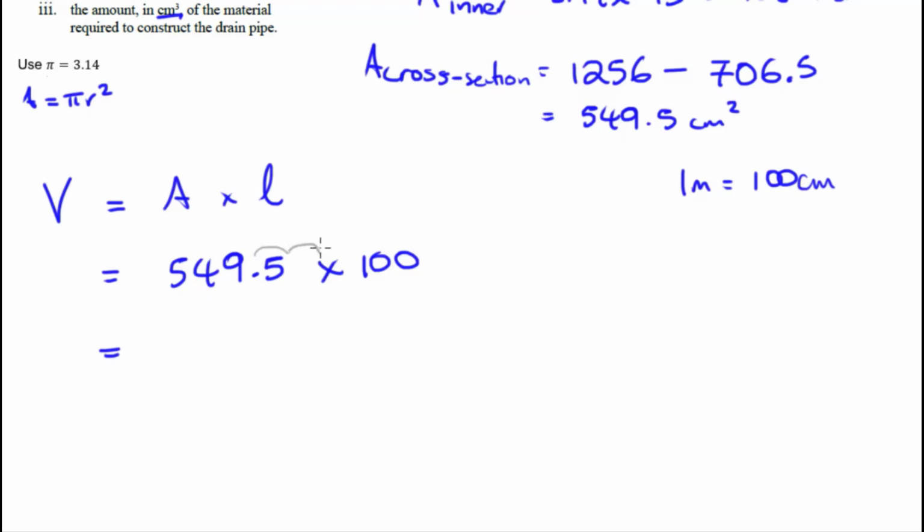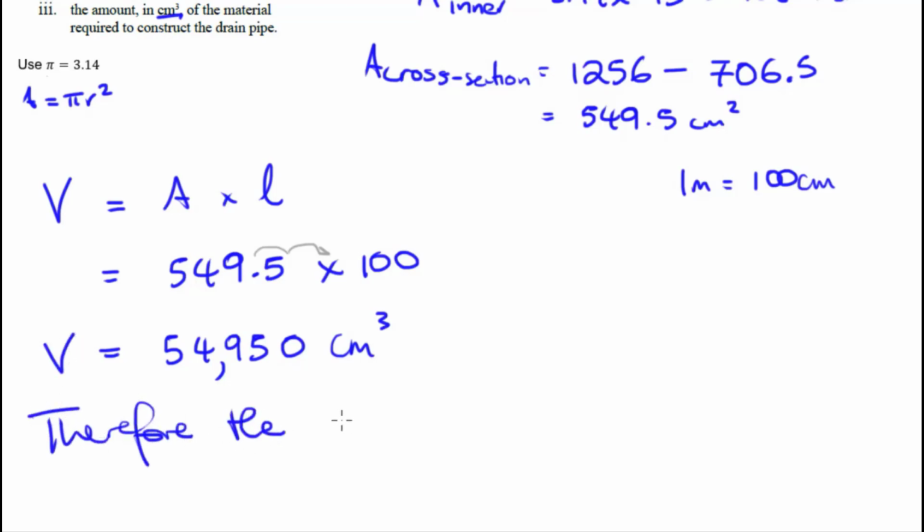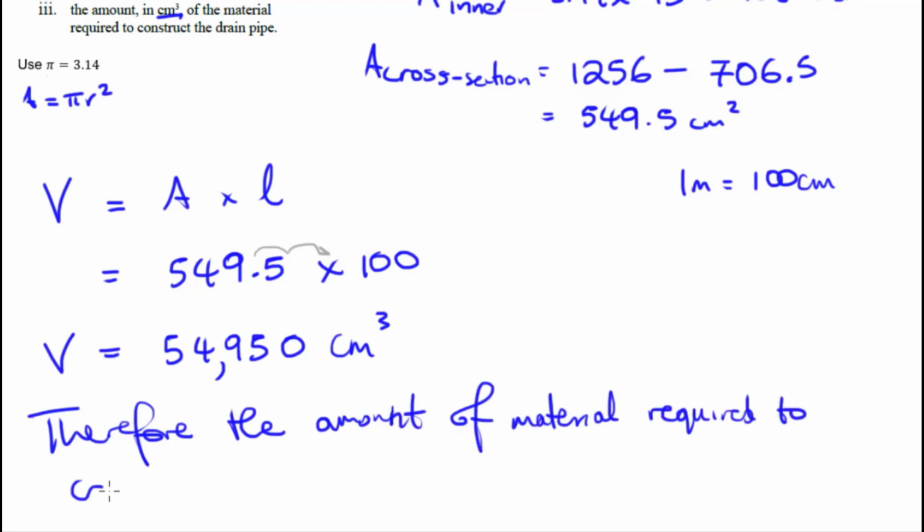So my answer would be 5495 and then one more 0, so 54,950 cubic centimeters. Therefore, the amount of material required to construct the drain pipe is 54,950 cubic centimeters.